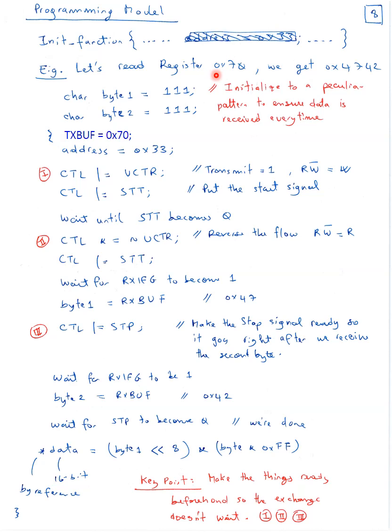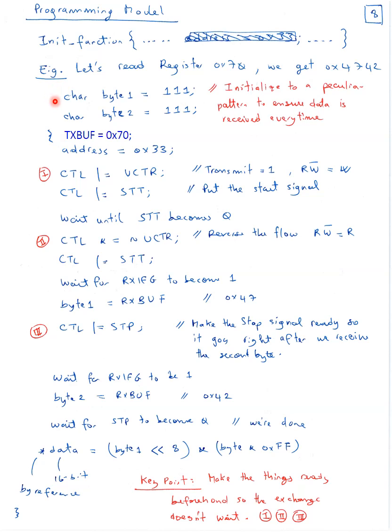Once we write 70, this goes into the internal pointer register. Then we're gonna do a repeated start, address 33, and this time we're gonna do a read. And then we're gonna read 2 bytes. This is the first byte, that's the second byte, and then we put the stop signal.